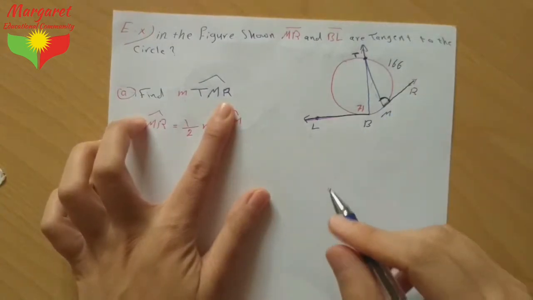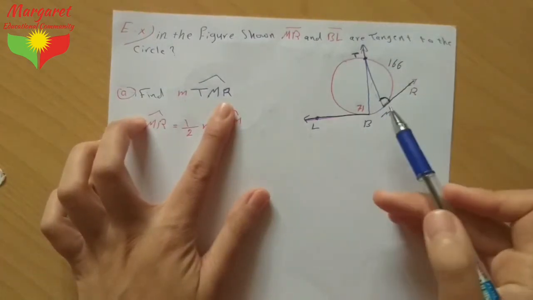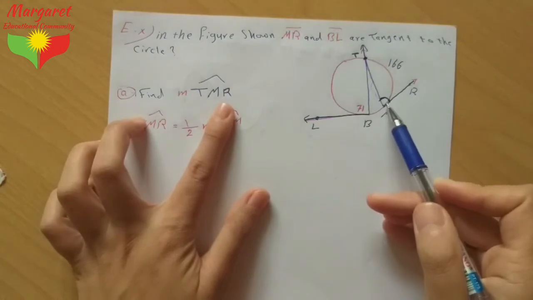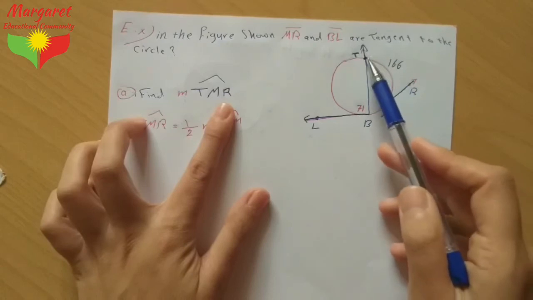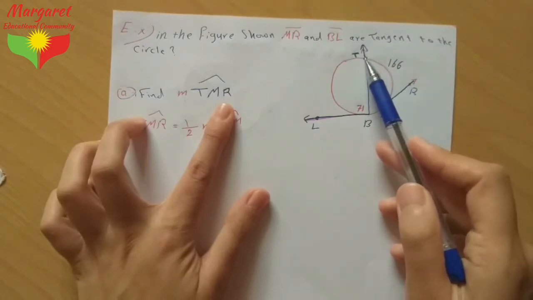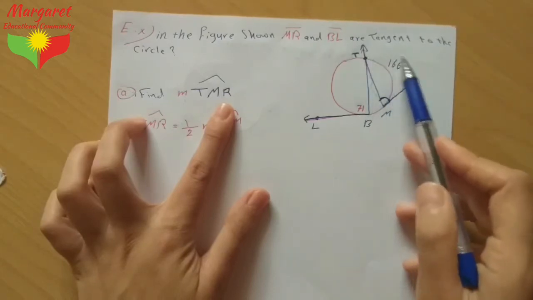How do we find a tangential angle? Always, the tangential angle equals half the measure of the intercepted arc. The intercepted arc is TM, we have 166.